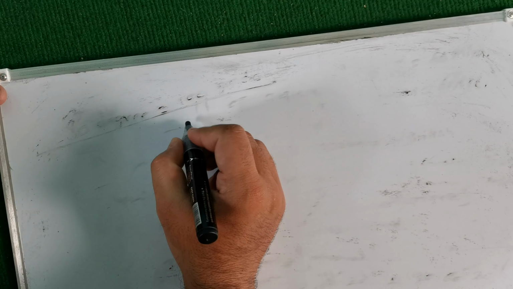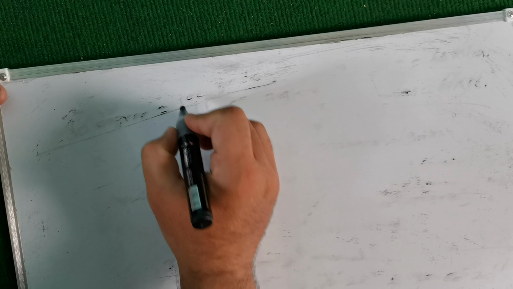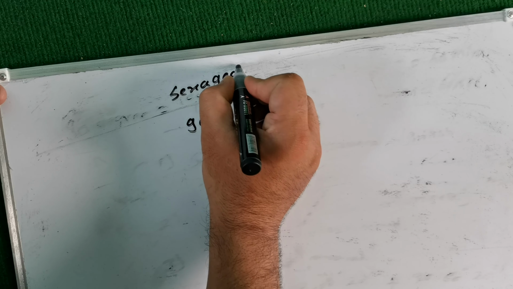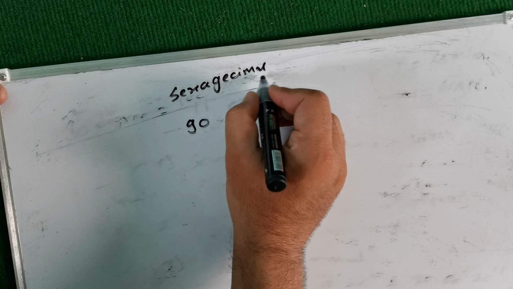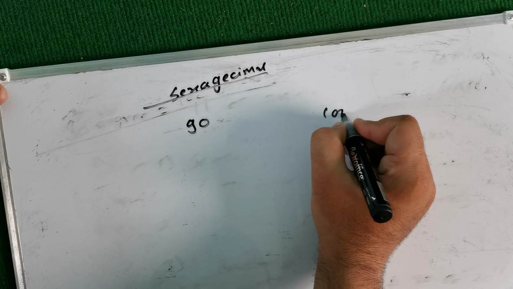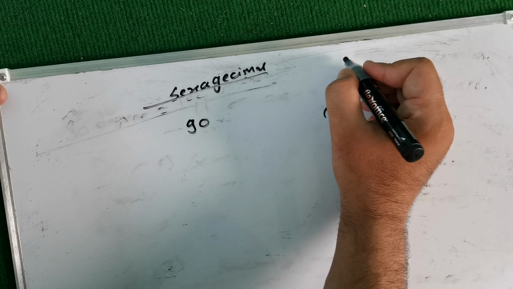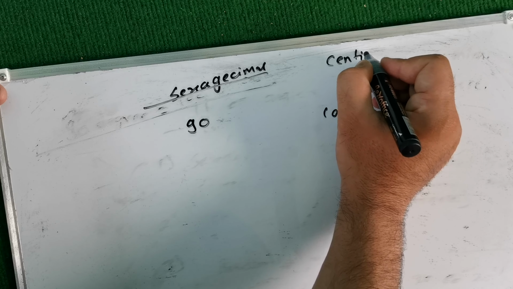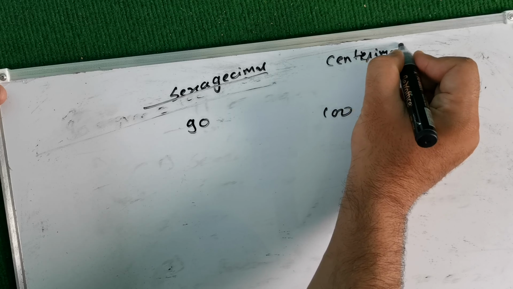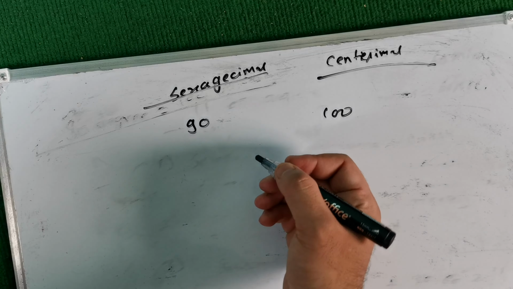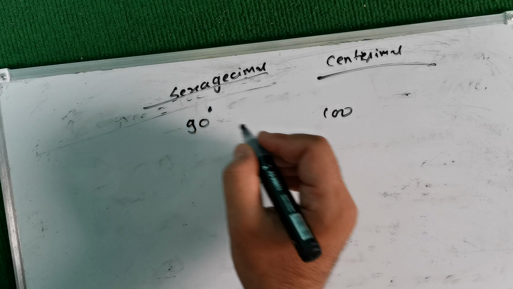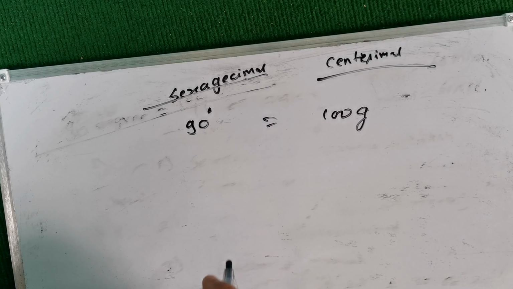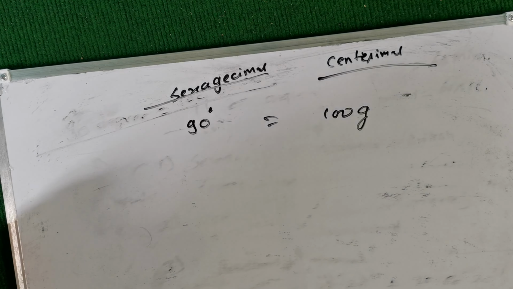We will talk about how 90 degrees is a sexagesimal number, and 100 grades is a centesimal number, and 90 degrees is equal to 100 grades.